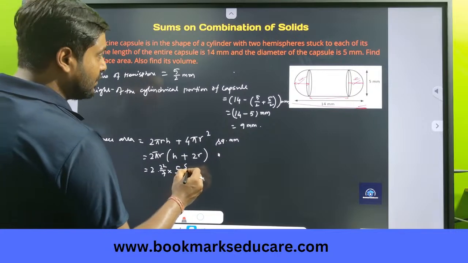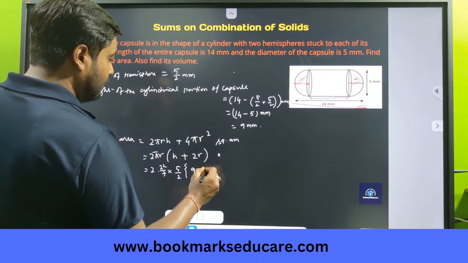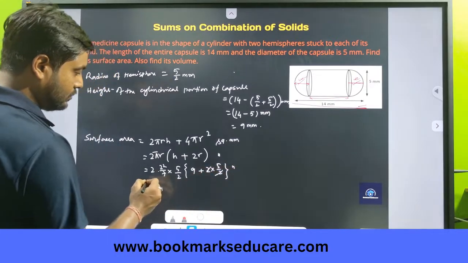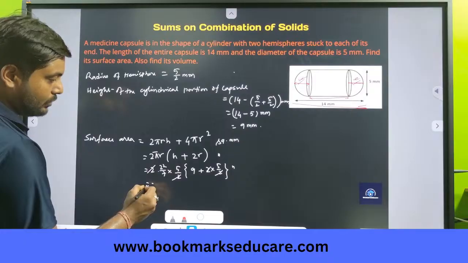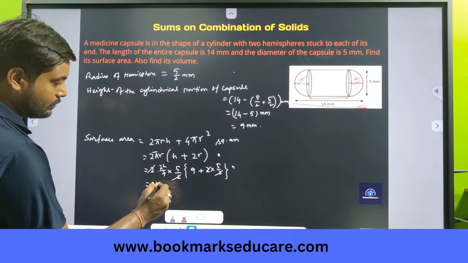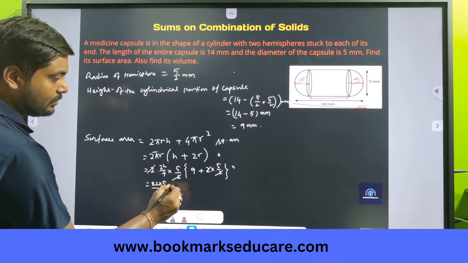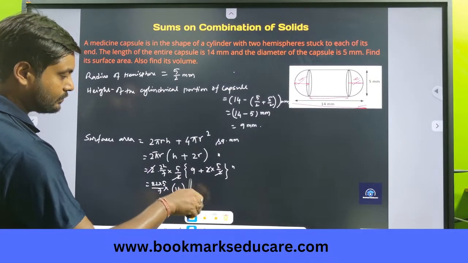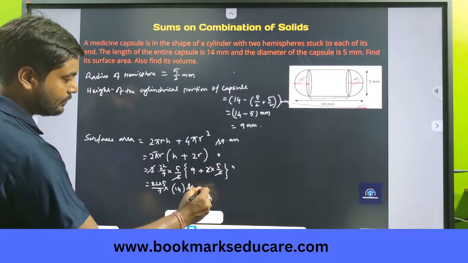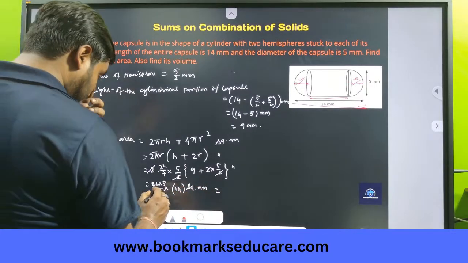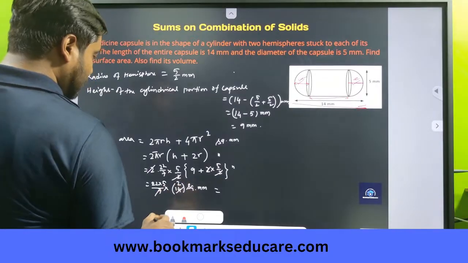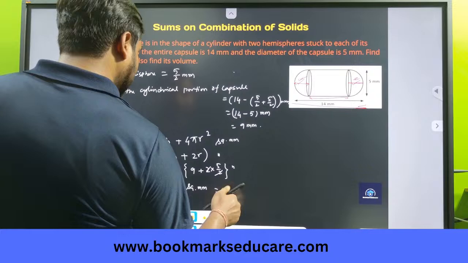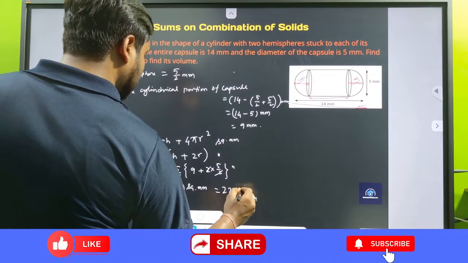Here h is 9 plus 2 into 5 by 2. So here 2 and 2 will be cancelled out. So 22 into 5 by 7 into 14 square millimeter, equals 7 and 14 will be cancelled out, and so it will be 44. This is the answer.